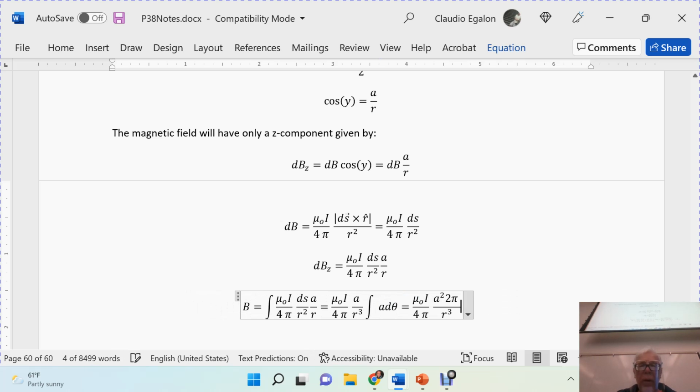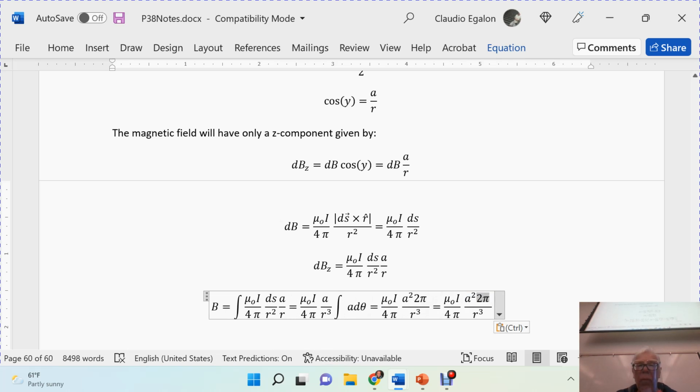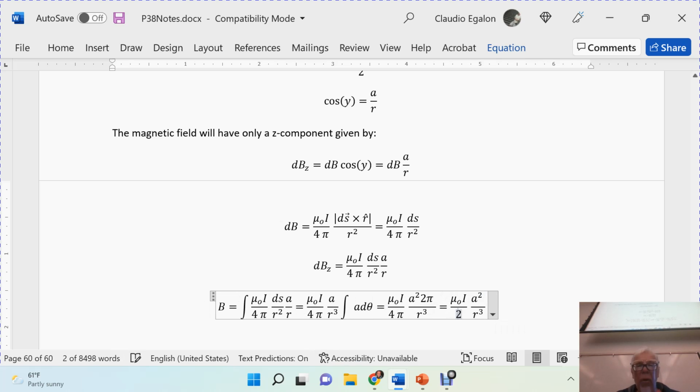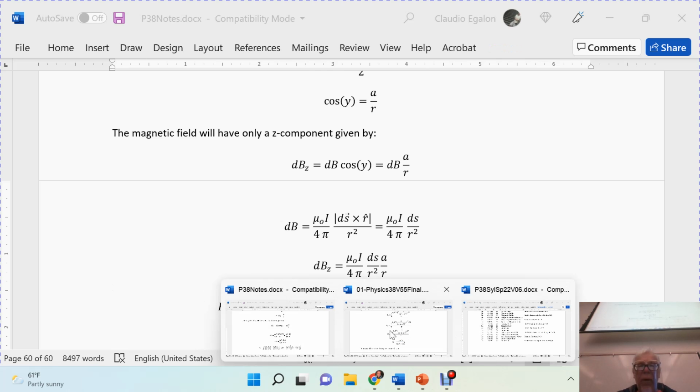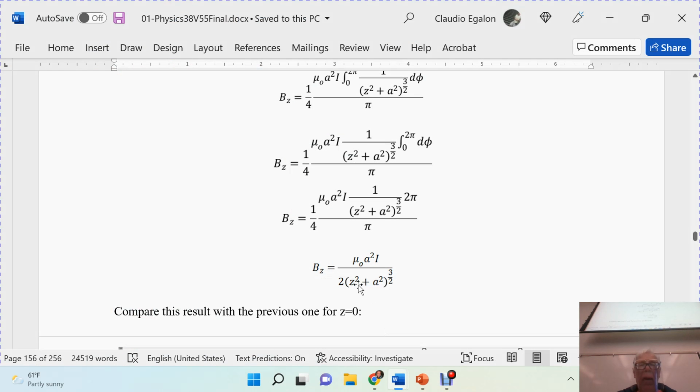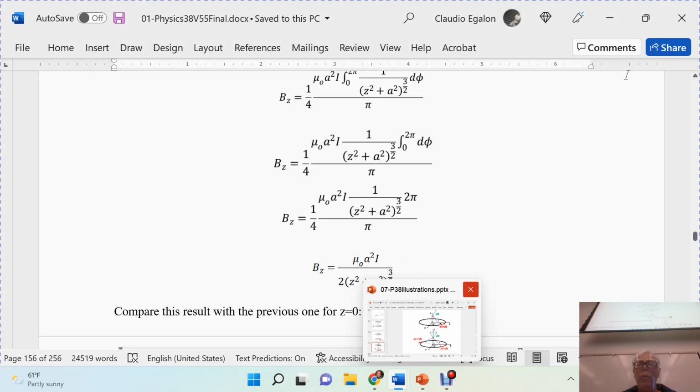Almost there. 2 pi over 4 pi becomes 1 over 2. And what I did in the other derivation, I substituted the r by the square root of z square plus a square.